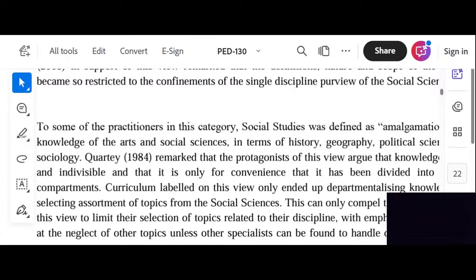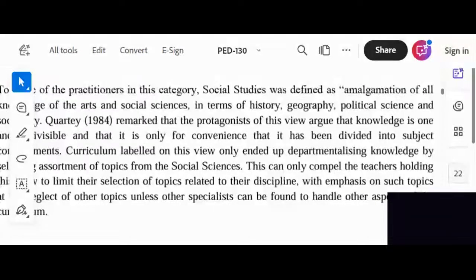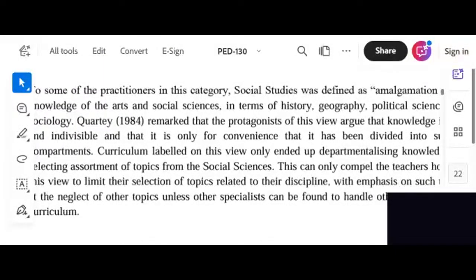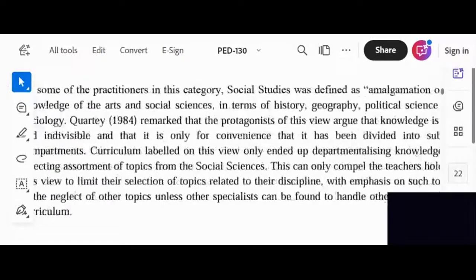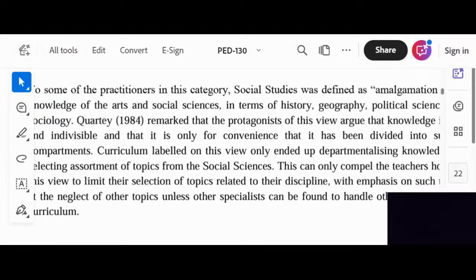While according to Corte in 1984, Corte remarks that the protagonist of this view believed that knowledge is one and indivisible, and that it is only for convenience that it has been divided into subject compartments. So that is a very wrong thing.